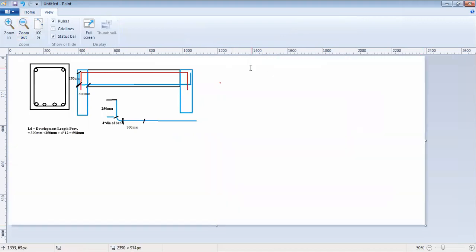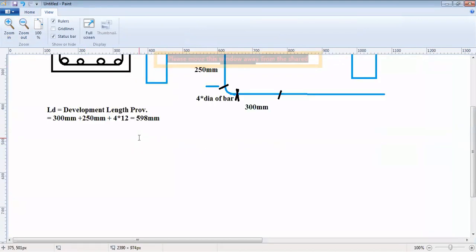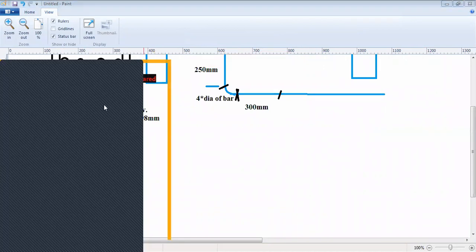Now, what is the development length that is required?